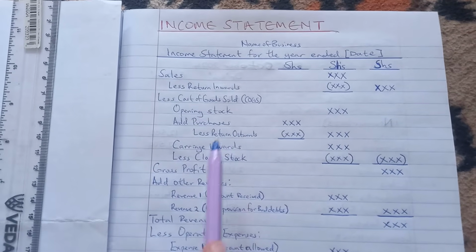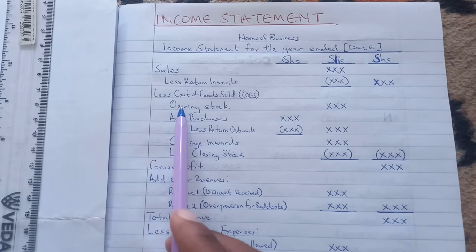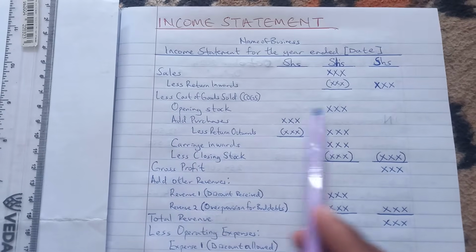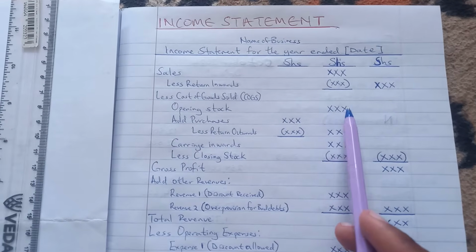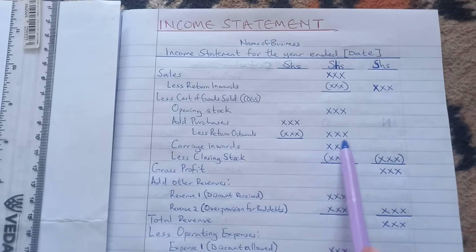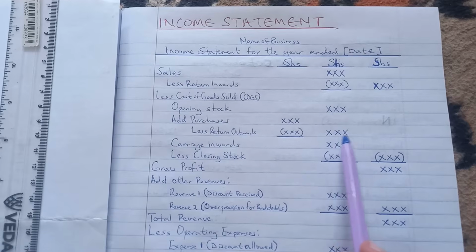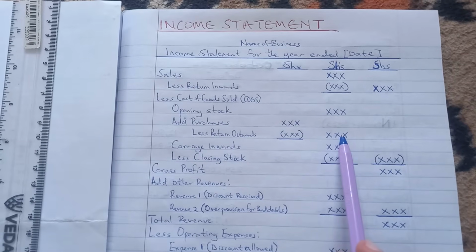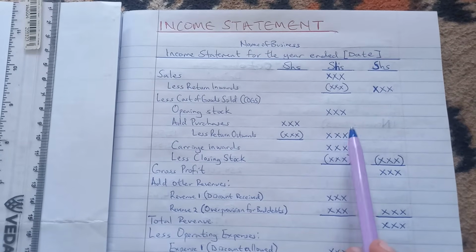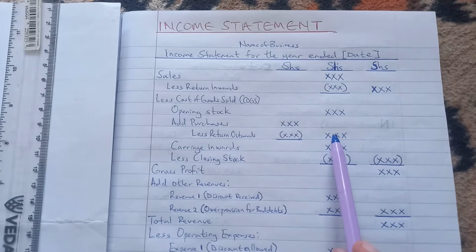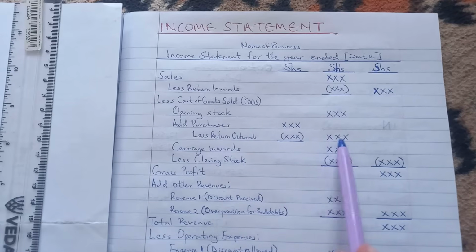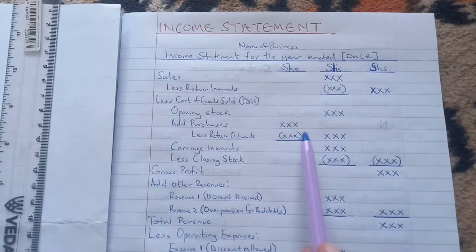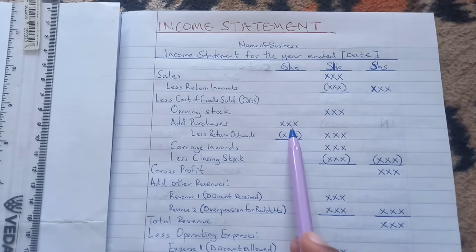Return inwards is also known as sales returns, while return outwards is also known as purchase returns. So what you are to add onto the opening stock is what we call net purchases. So this value is net purchases. And how do you get net purchases? Maybe if you are given it, you will just write it there and there will be no essence of calculating.